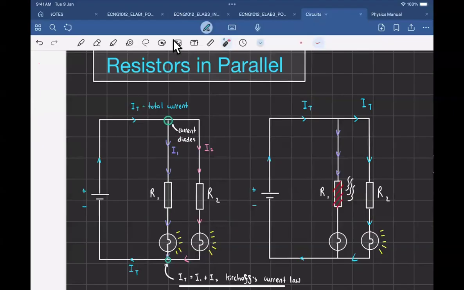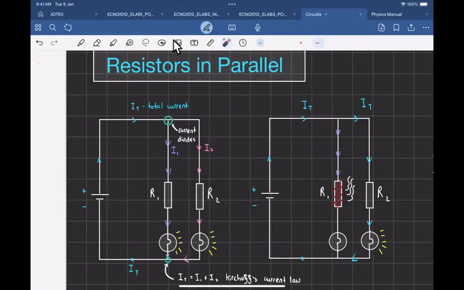The total current. So the current is being divided, and a parallel circuit forms a current divider network.